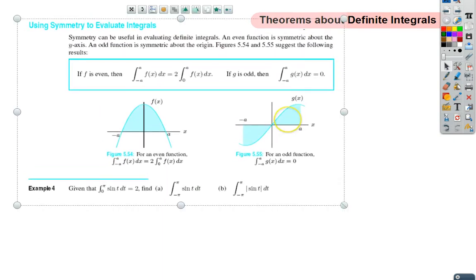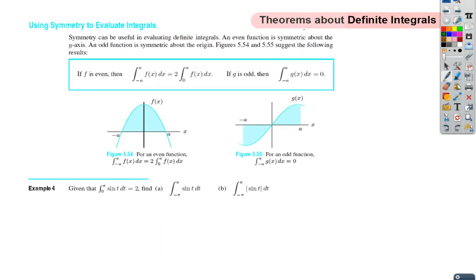So I'm going to shrink this back up and ask, what can I do for sine of t and absolute value of sine of t? When I graph sine, here's sine. You should notice it's an odd function. So going from -pi to pi for an odd function, part A will always equal 0.